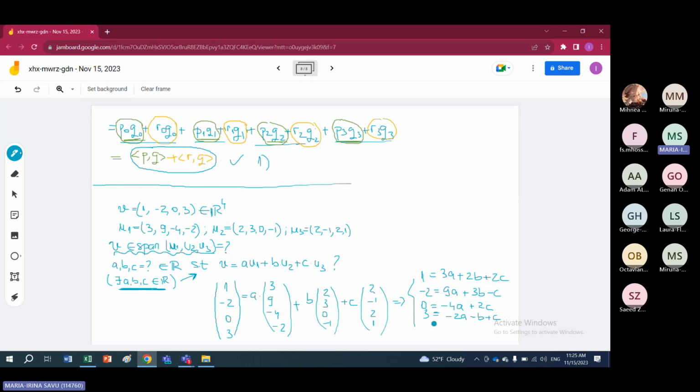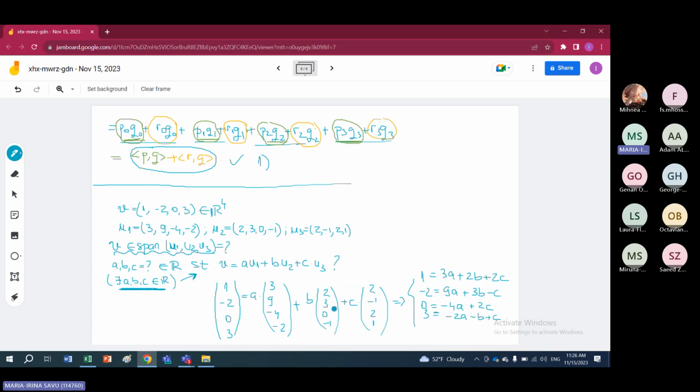It depends. For example, if the system is incompatible, then U is not in this span. If the system has just one solution, then we can cut an equation from here and use the other 3. And if the system has an infinite number of solutions, you could cut 2 or 3 equations from here. That is why I've told you that the type of this system depends on whether these vectors are dependent or independent, because the dependence of some vectors is equivalent with the value of the rank of the matrix with those vectors.